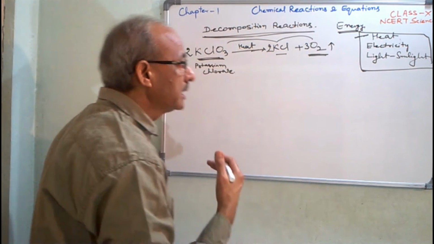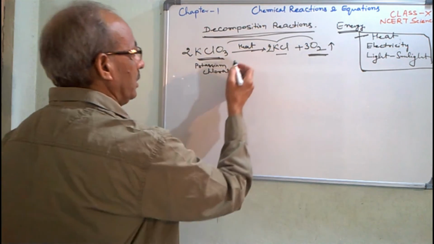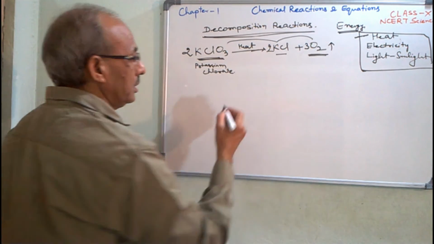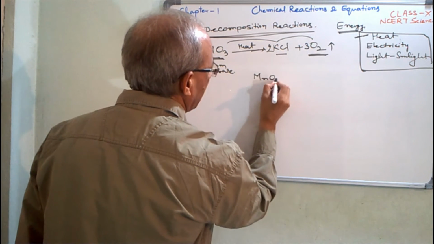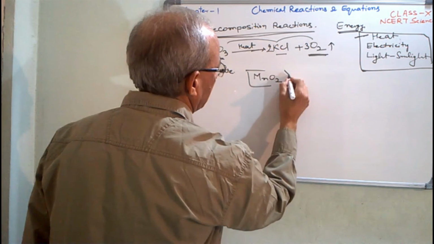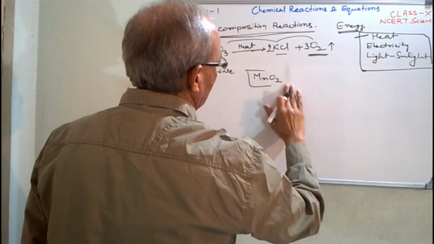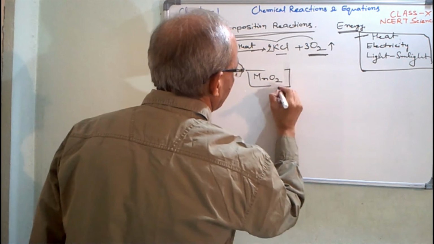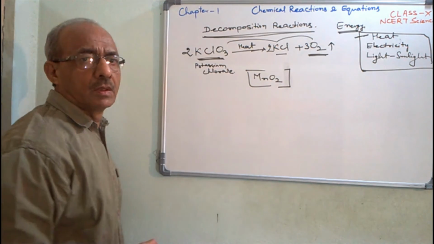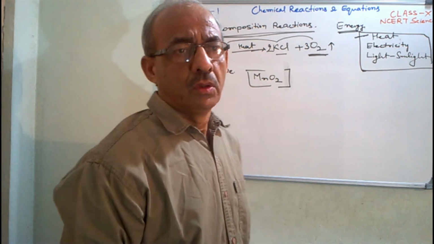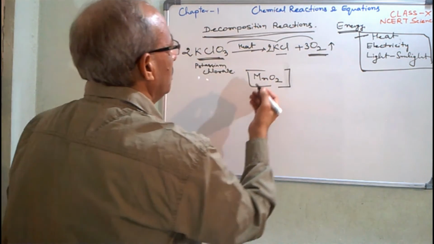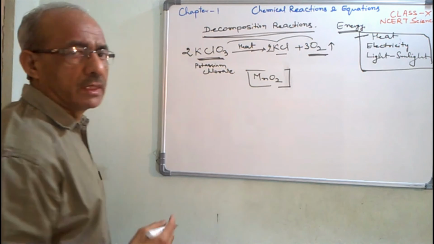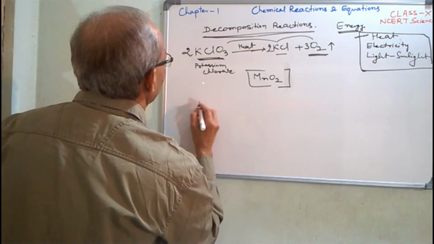So to minimize the requirement of heat, in laboratory, a catalyst, manganese dioxide, is used to minimize the requirement of heat and to accelerate the rate of production of oxygen gas at lower heat.